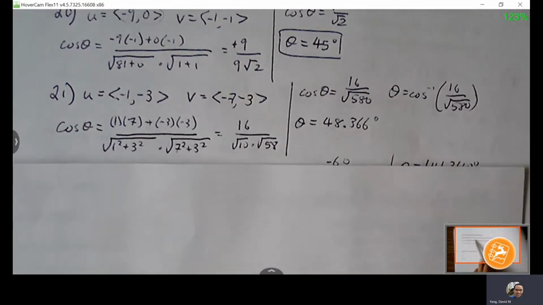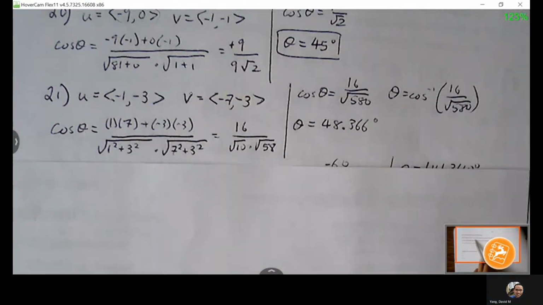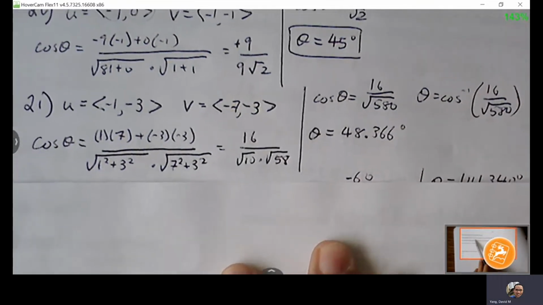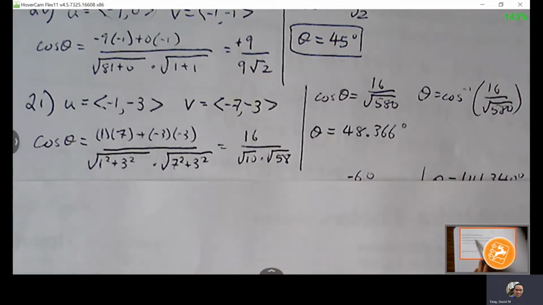Okay, here's 21. Again, when you're dealing with the Pythagorean theorem, if you want to completely ignore the negatives, I'm fine with that, because the negatives will wash out because of the square. Don't ignore the negatives for the numerator, but you can ignore them for the denominator because of the exponent of 2.